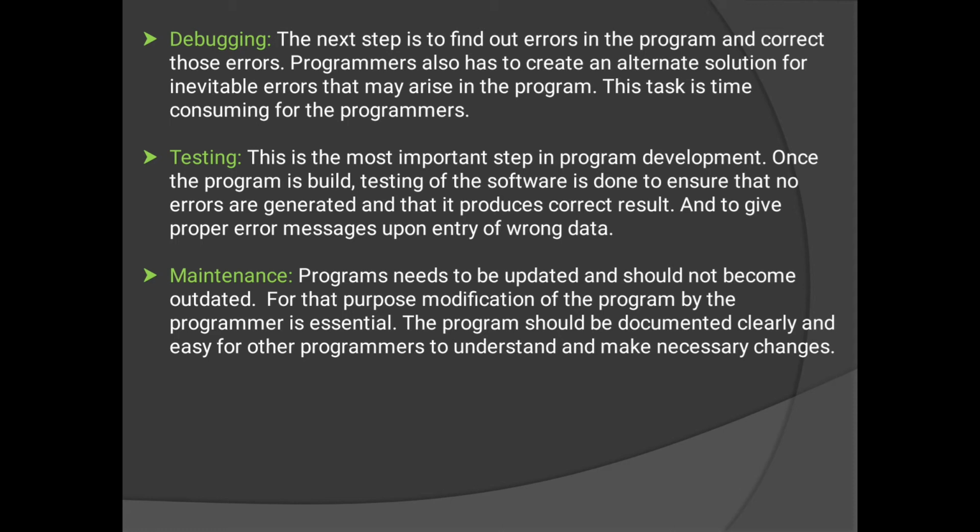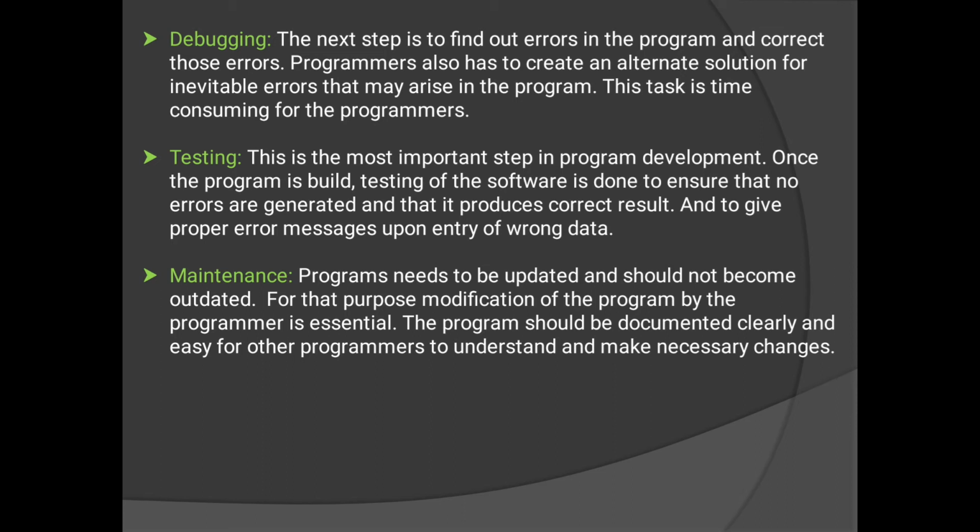So before finalizing, they will search for all the errors, and not only those errors but also inevitable errors. That means unwanted or unexpected errors that may arise. So for such cases, they should be able to find an alternative solution for such inevitable errors. Okay, so this task is the most time consuming for the programmers.